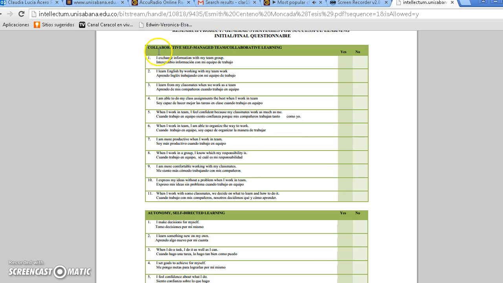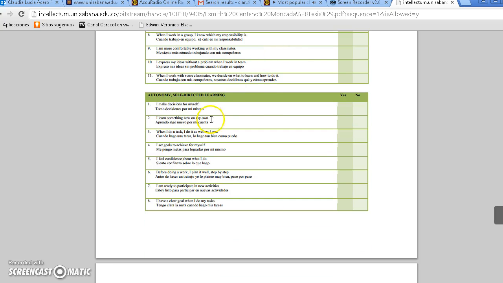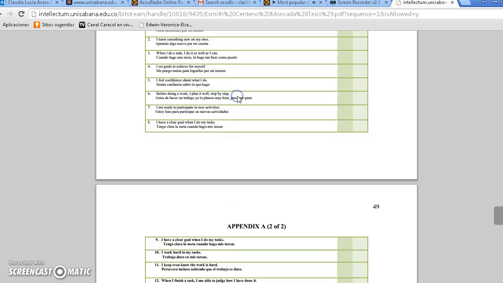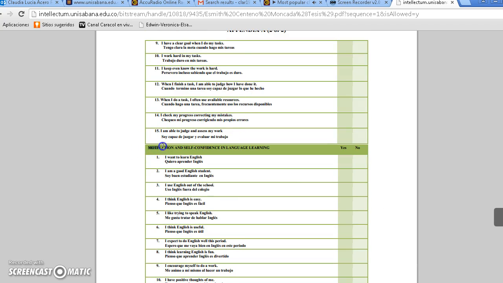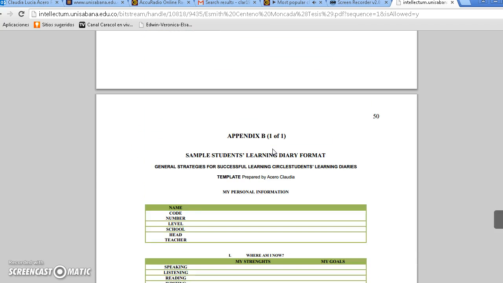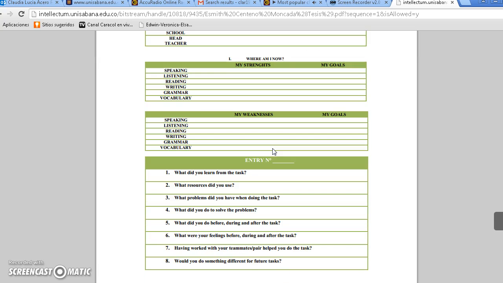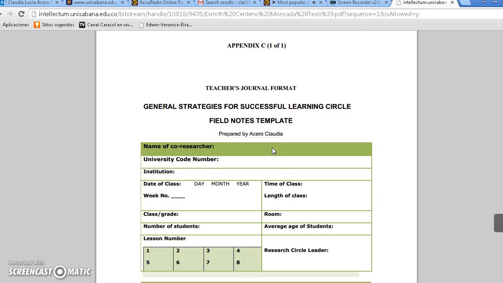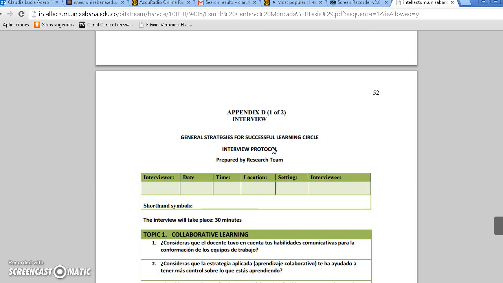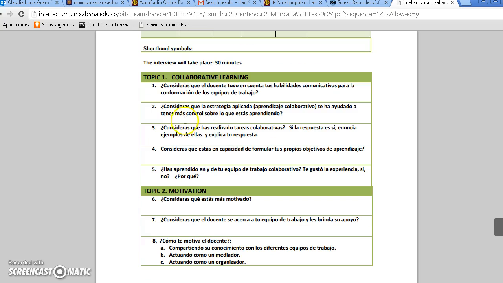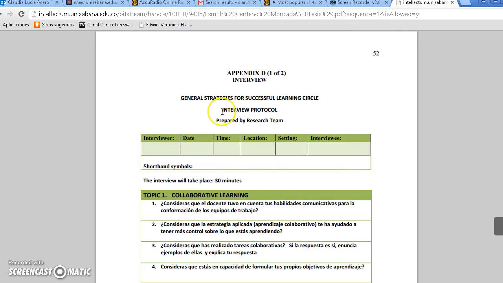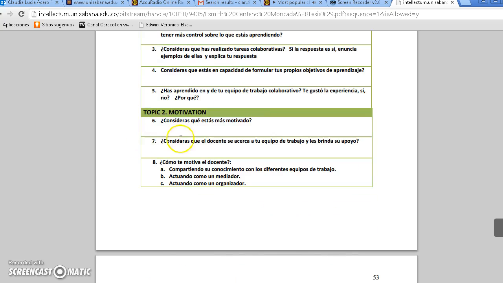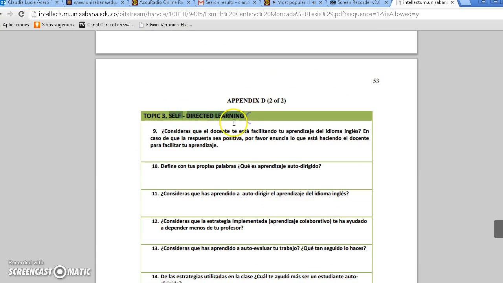So that's why they have in this first instrument information about collaborative learning. They also have an issue about autonomy, and they also have an issue about motivation and self-confidence in language learning. Same thing will be, for example, in the observations or in the interview protocol, another instrument they use: collaborative learning, motivation, and self-directed language learning.